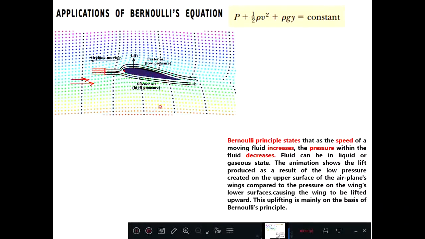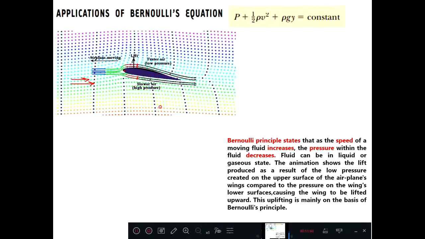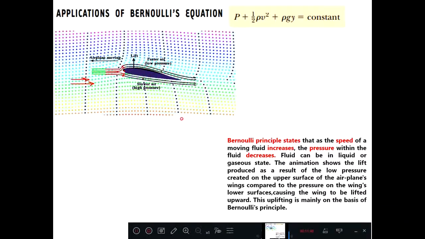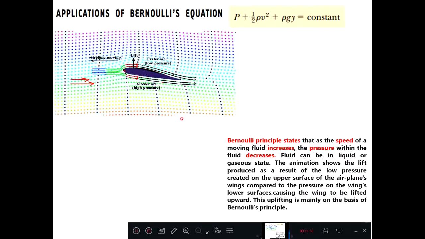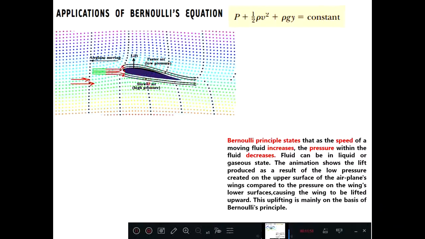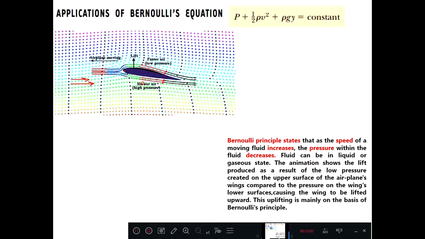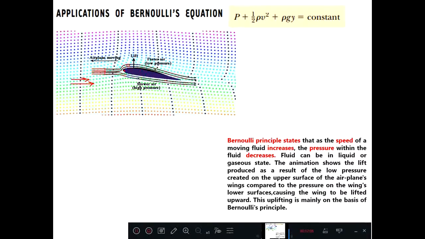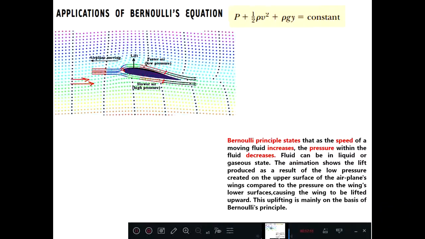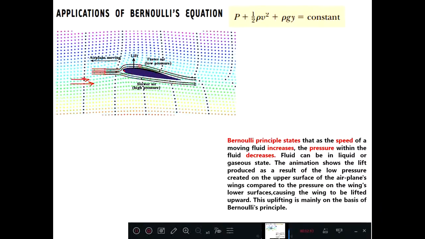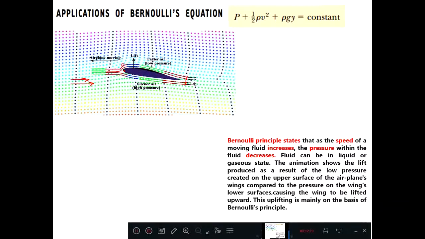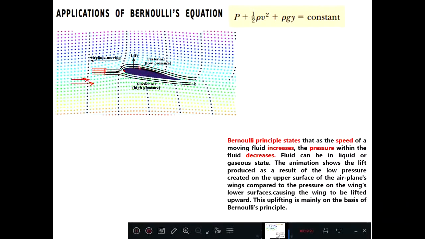Here, the lift on an aircraft wing can be explained in part by the Bernoulli effect. Aeroplane wings are designed, as I said, so that the air speed above the wing is greater than that below the wing. So this wing has been designed in a particular shape because the speed of the air particles should be more on the upper surface of the wing than the lower surface.